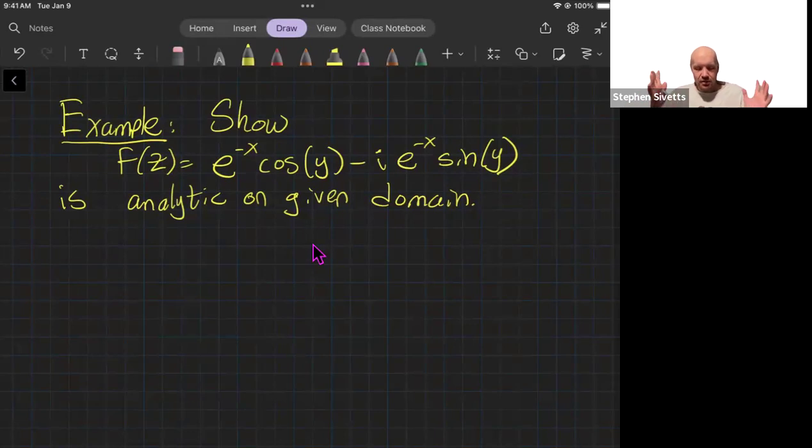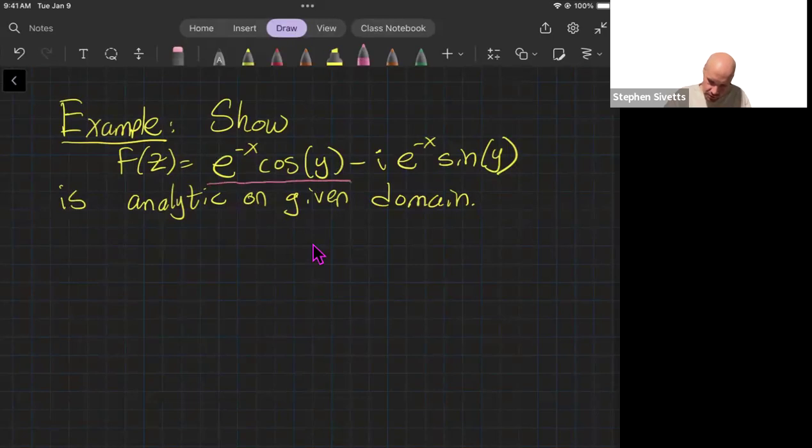Okay, welcome back. I assume you worked on this example. Let's see the test for analyticity for this function. What we want to do is look at the real and imaginary components.